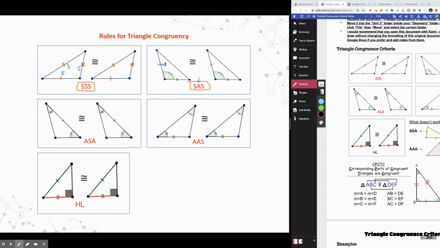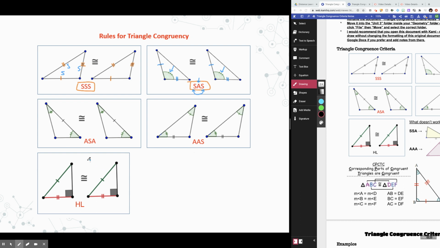Okay, so as you can see here, you have one side with the 1 congruence mark, 2 sides down here at the bottom, and then the angle is trapped between them, right? Physically trapped in between the 2 sides that you know of, okay? Which is exactly the same way that it's labeled and the way that it's named here, right? Notice that the A for angle is trapped between the 2 sides, the 2 S's there, okay?